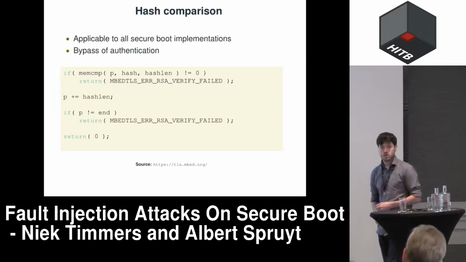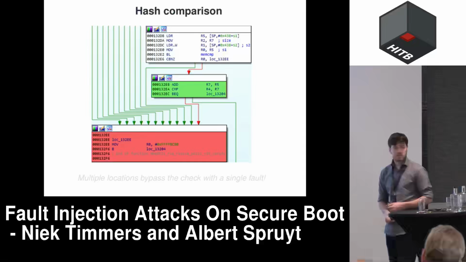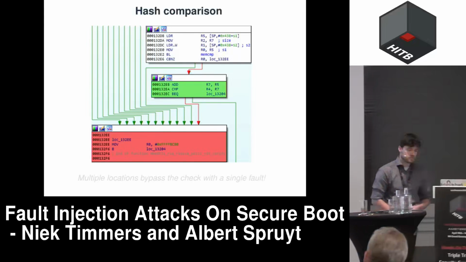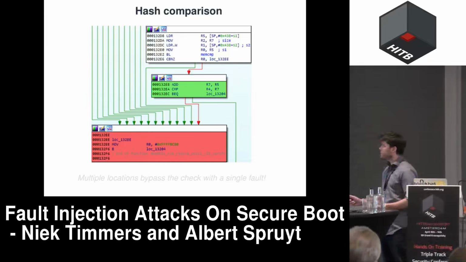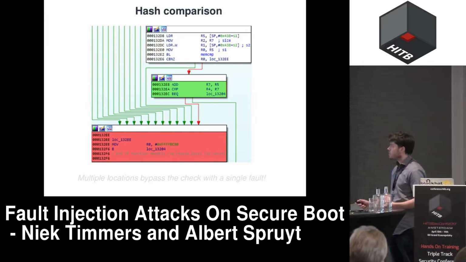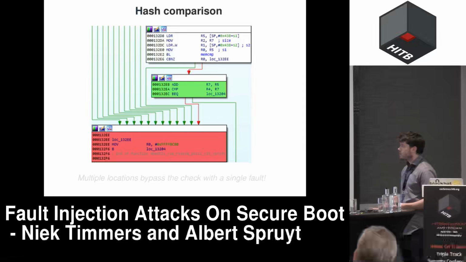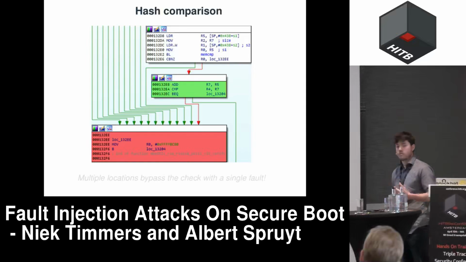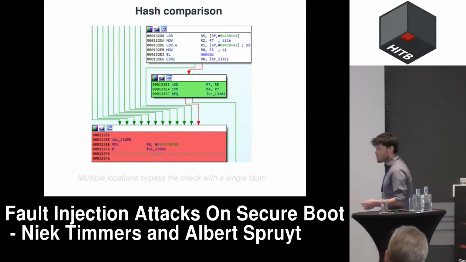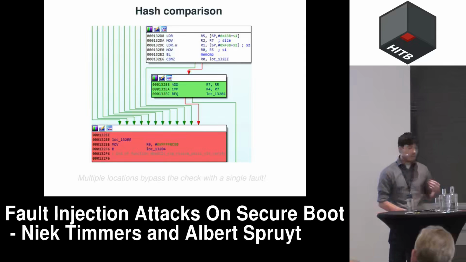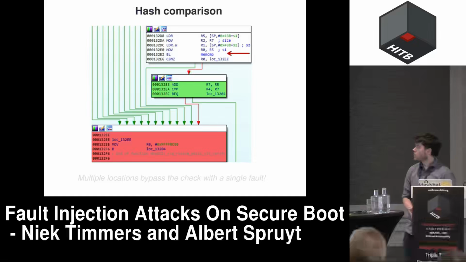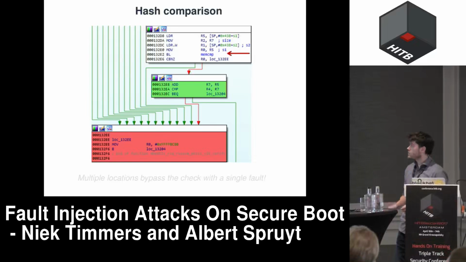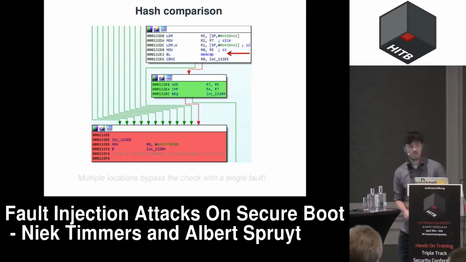However, this is C source code, so we compiled it just to see what it would look like. So here we see the call to memory compare, and if it's the same, we continue booting, and otherwise, we return an error. And here we can see a number of places where we can inject a fault. So we could try to skip the call to memory compare.